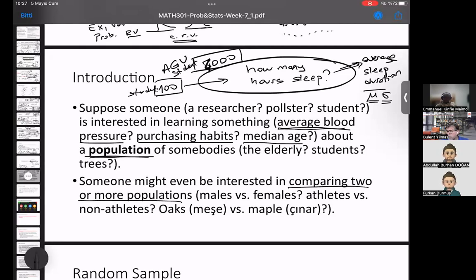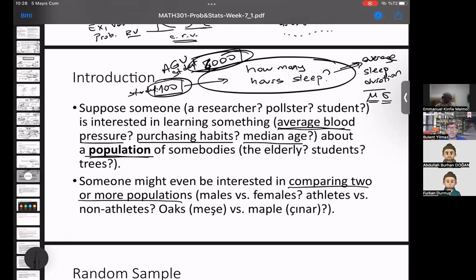Is it the same thing, 4,000 students and 100 students? They're not the same. But either I don't have enough answers from all students, or I cannot go and ask that many students because I don't have enough time or resources. For example, if I'm interested in something from the Turkish population, let's say 85 million people, I cannot go and ask each and every one of the 85 million people about something, right? How much do they spend every day?